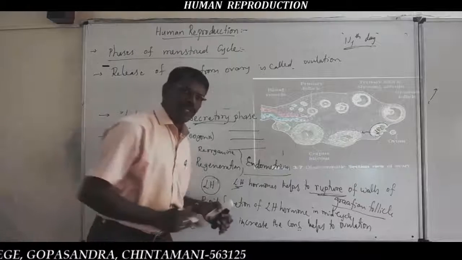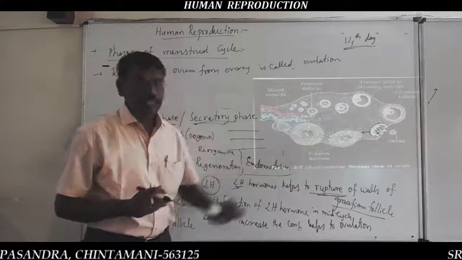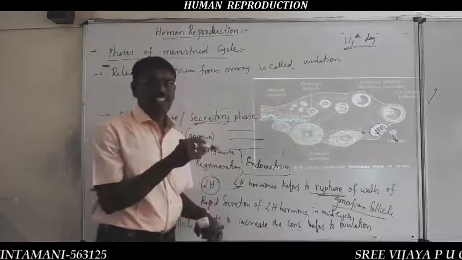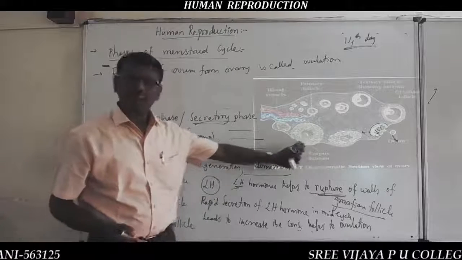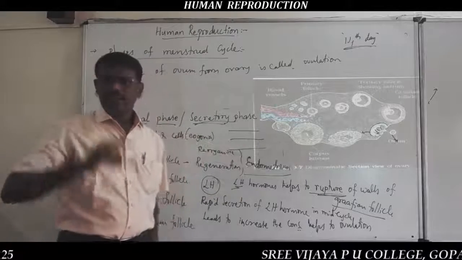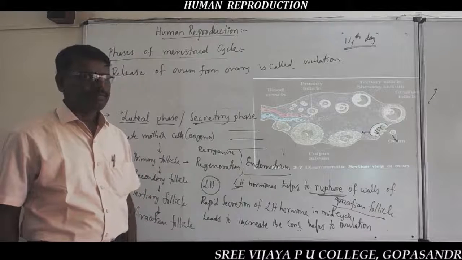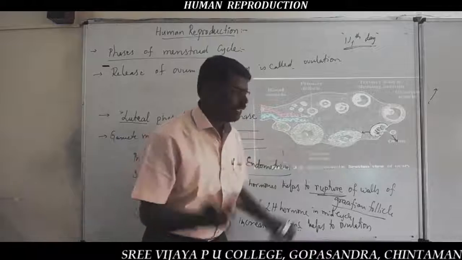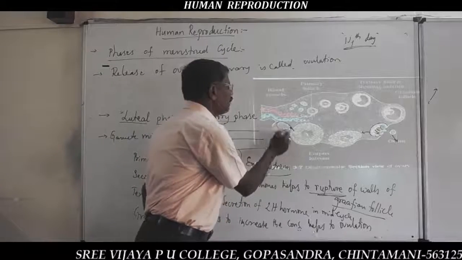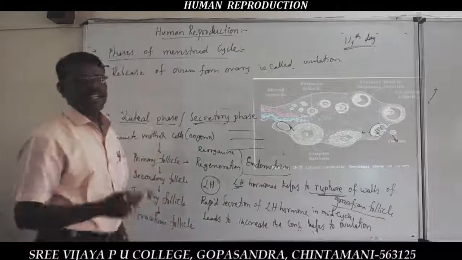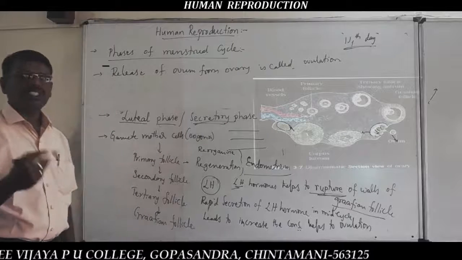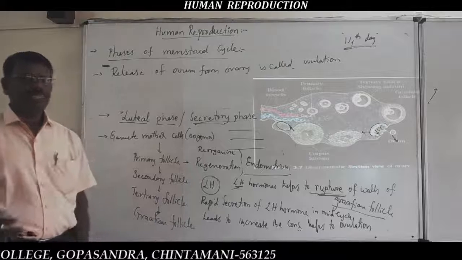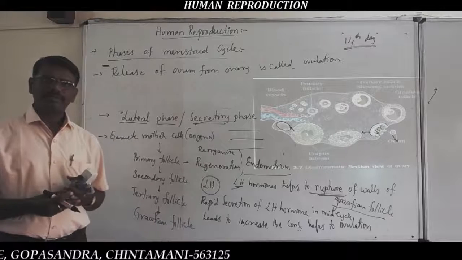If the released egg is fertilized, the corpus luteum remains in the ovary till the end of pregnancy. If the released egg or ovum is not fertilized, the corpus luteum degenerates into corpus albicans and disintegrates in the ovary.